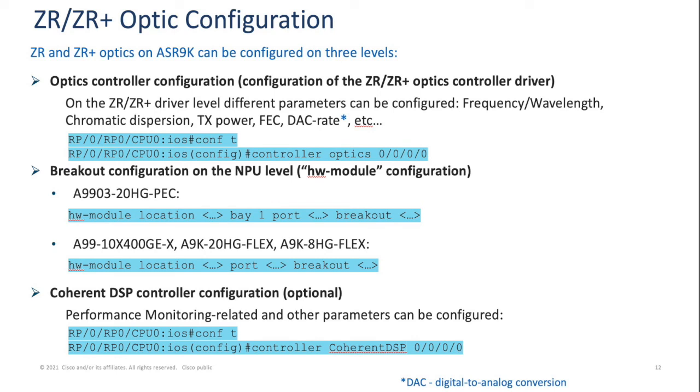You have to use the bay keyword to point at the sub-slot for the port expansion card. The third level, where some configuration might be required, is the coherent DSP controller level. On this level, you can configure optional parameters, like performance monitoring parameters and some other options, for example, internal or line loopback.